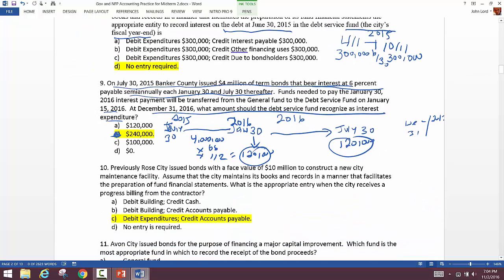What if I'm doing this same thing at the government-wide level? What would you want me to do at December 31st? The interest what? Very good. I'm going to do the 5 months from August 1st to December 31st. I'd have to accrue up that interest, wouldn't I?